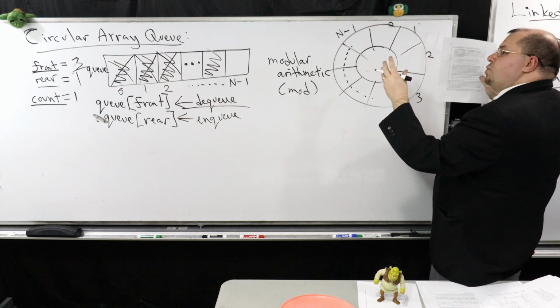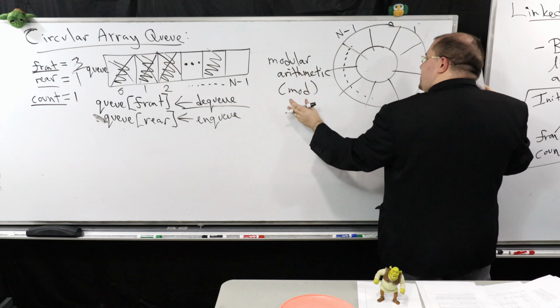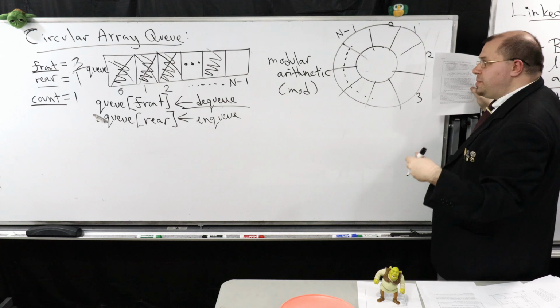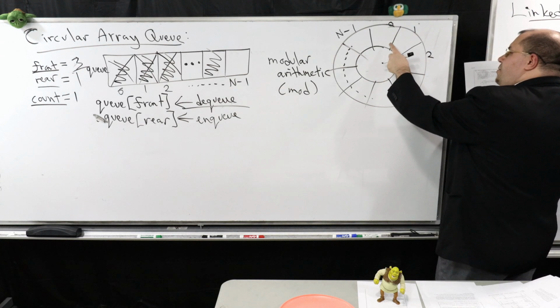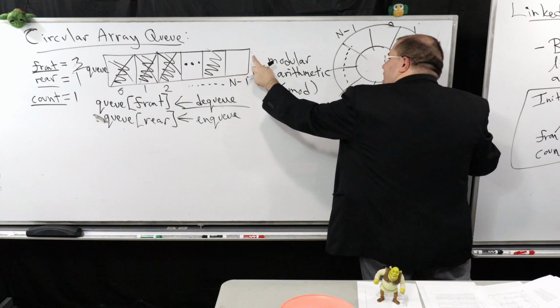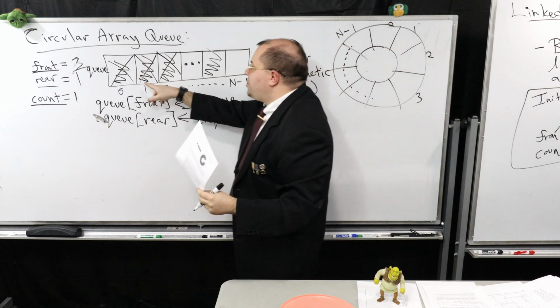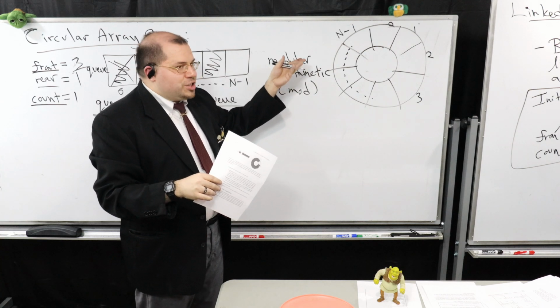You can look at the array more like a ring if you use so-called modular arithmetic and the mod operator. Notice that if you take my idea where you could just keep enqueuing and keep going, what if you can make it so it comes back around and starts over here again? That's what this is going to achieve.